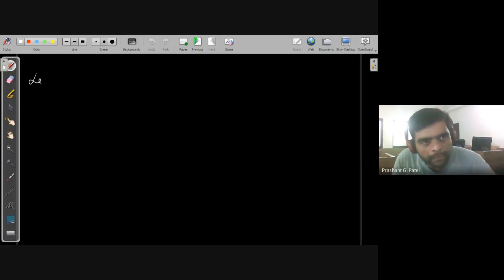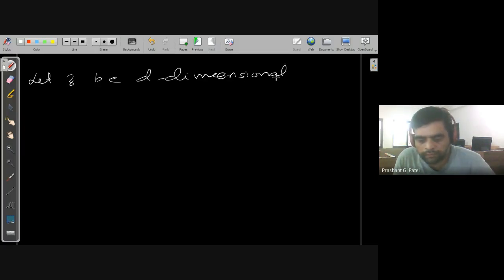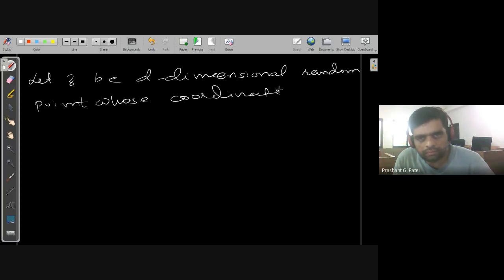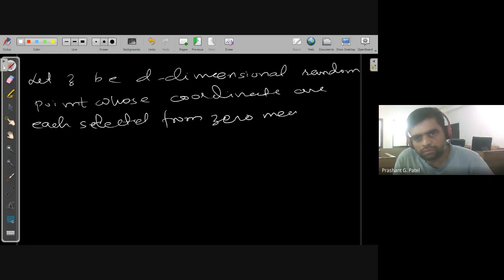Let Z be a d-dimensional random point whose coordinates are each selected from a Gaussian with mean 0 and variance 1 upon 2 pi.